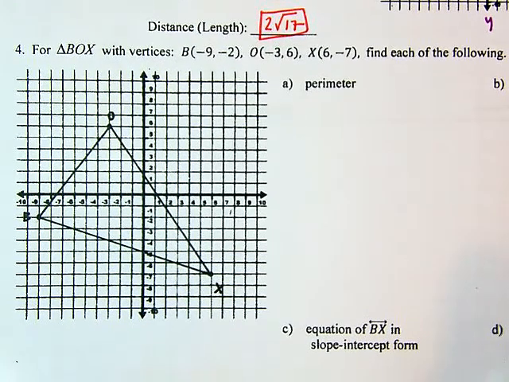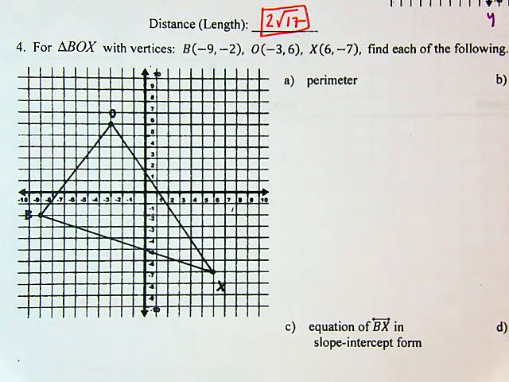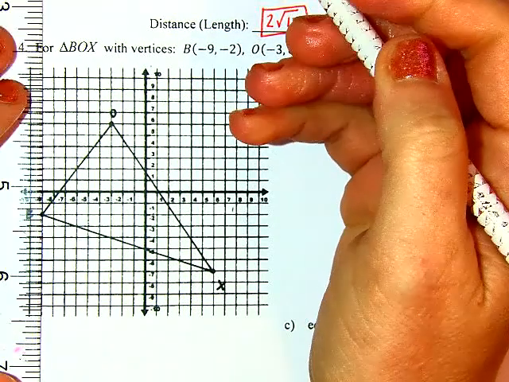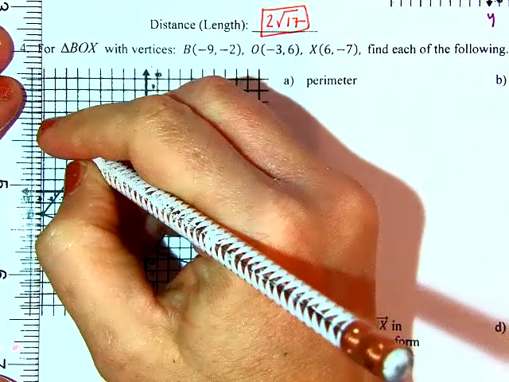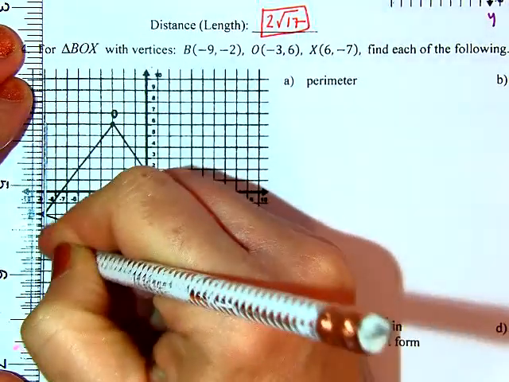So here we're looking at a triangle. I'm giving you the vertices. I've already graphed it, and I'm saying let's first find the perimeter. So to find my perimeter, what really helps me is if I start by looking at all those right triangles. So I'm going to start by just boxing it in, like so.